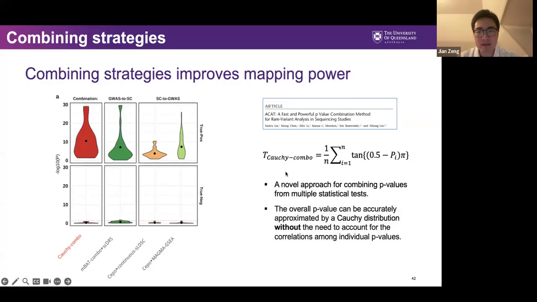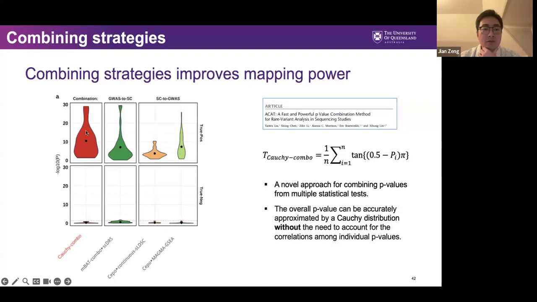The mathematics is a bit complicated, but it turns out the application is simple. You just plug in the p-values from each test statistic, and the Cauchy combination method will produce a single p-value that already accounts for the correlation between the test statistics.